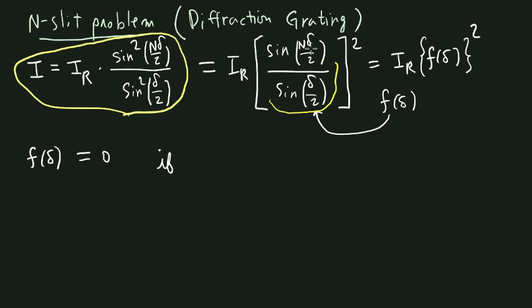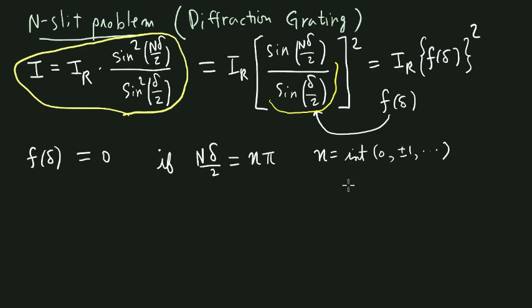So in order for this argument to become an integer times pi, we can write N delta over 2 equals, let's say, n pi. n is an integer. So 0, plus or minus 1, and so on.